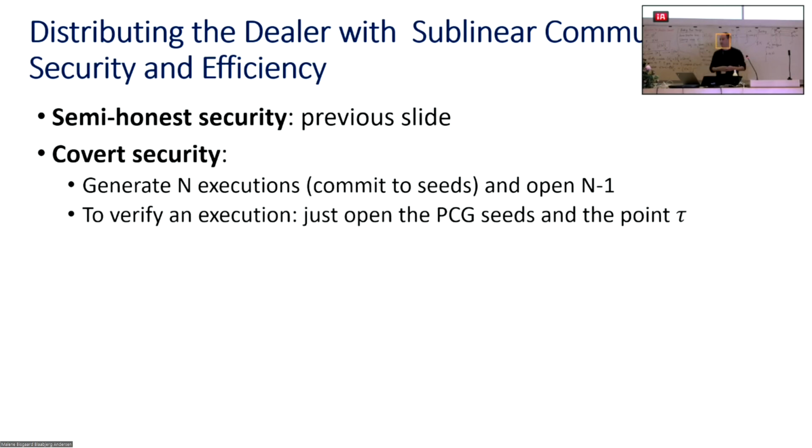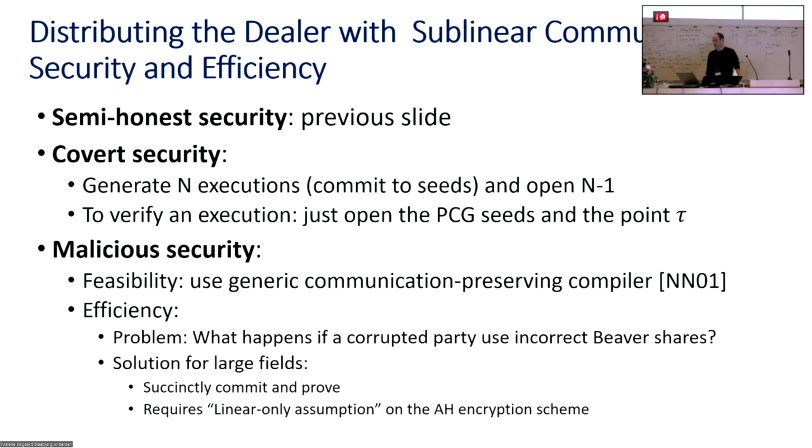We can use generic tools to achieve offline with covert security, relying on the fact that in order to check an instantiation of what I showed before, you can simply commit to the PCG seeds, and then open the seeds and open the random point tau, and then you know if cheating took place or not. Finally, to achieve malicious security, feasibility-wise, we can use any generic communication-preserving compiler, but of course, this will not give us concrete efficiency.